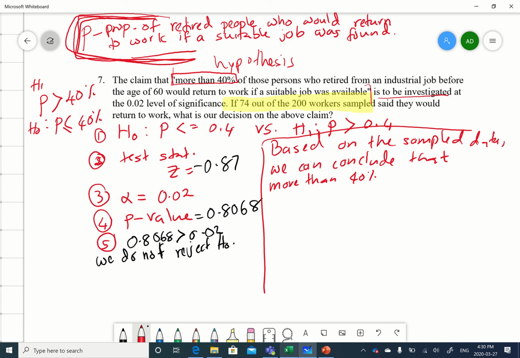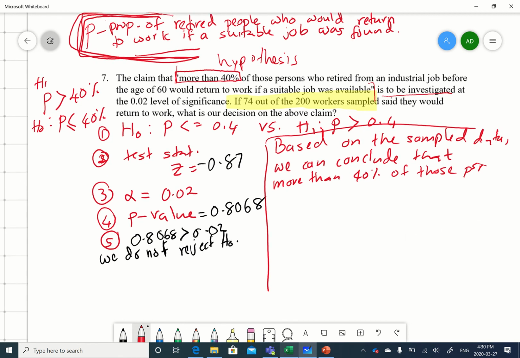So you can say, conclude that more than 40% of those persons who retired, I'm just going to skip words, retired before 60, would not.